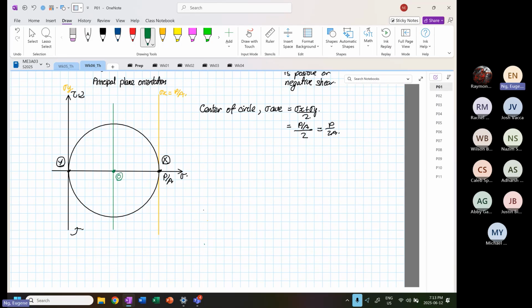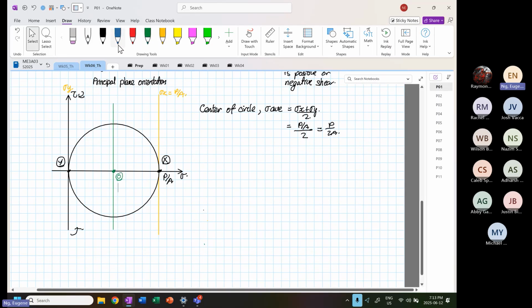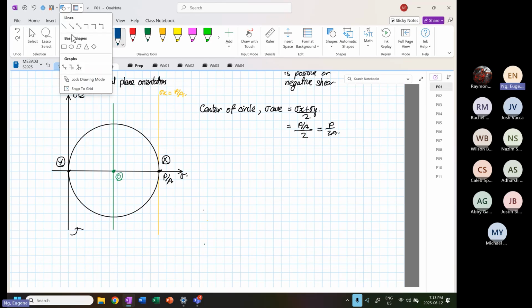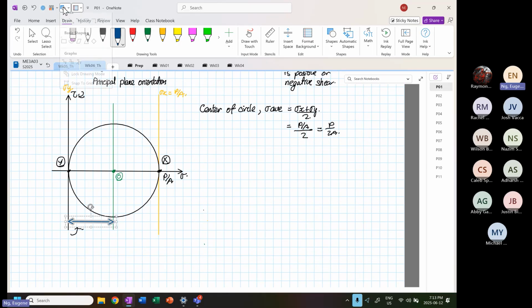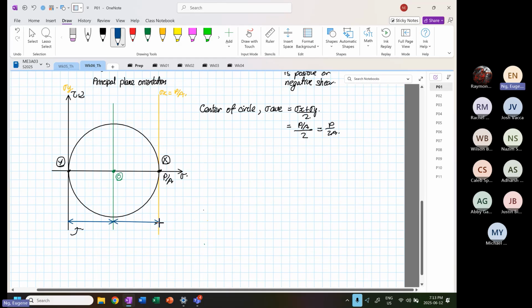At this point, this is our O. And then we are aware from here to here, we know this value is equal to P over 2A.